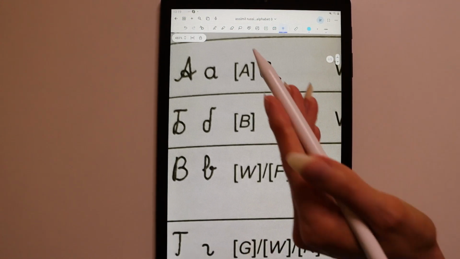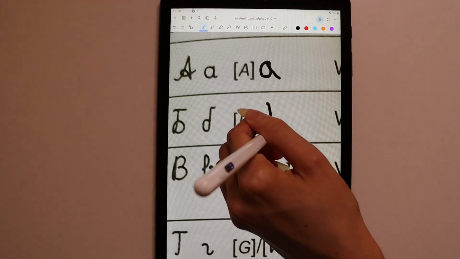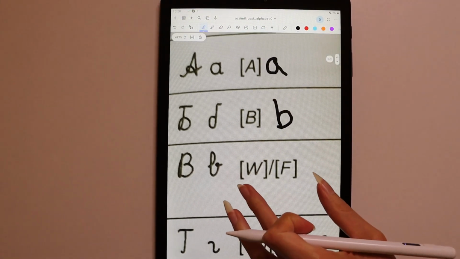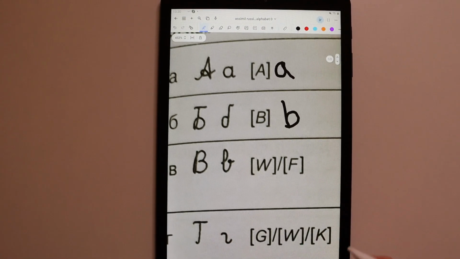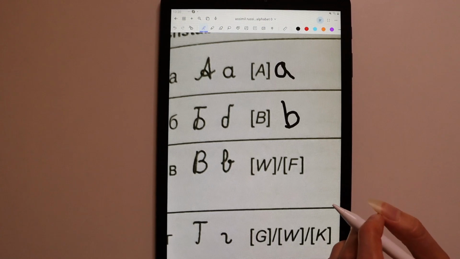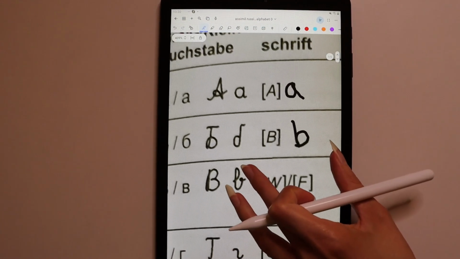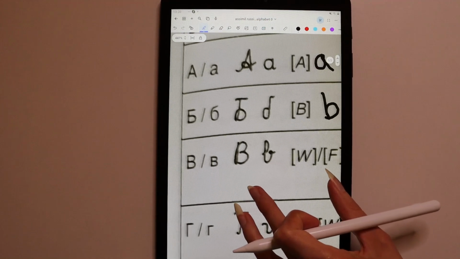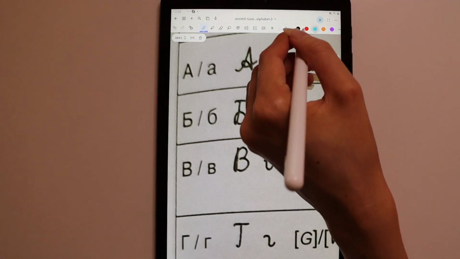So this is the B sound, and it's like in, I don't know, begin. As an example, to begin, or bat, the animal bat as an example. So this is the be.